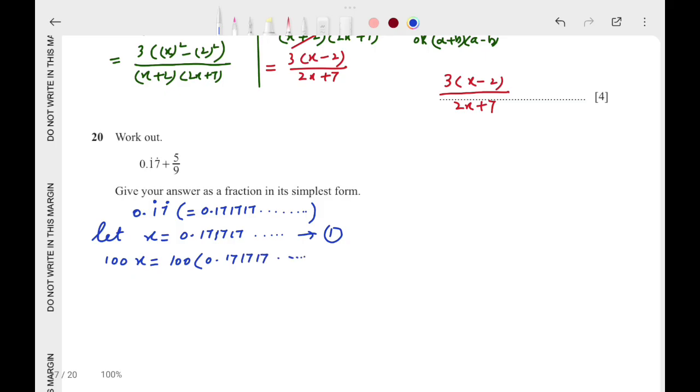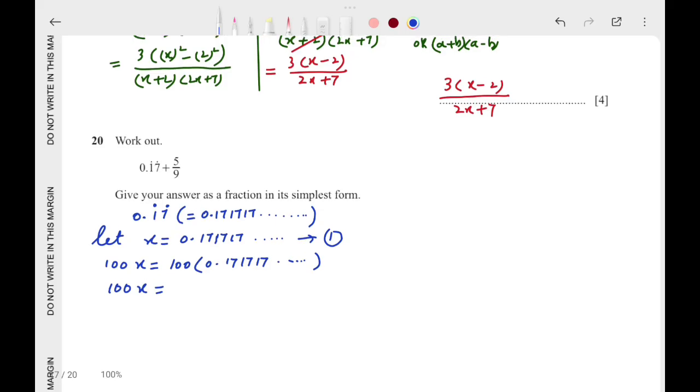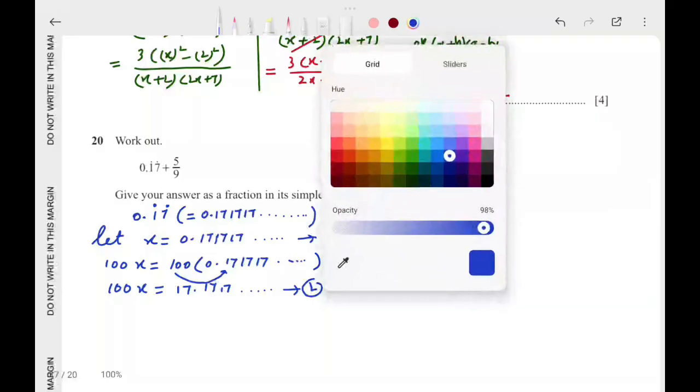So it would be 100x is equal to, when you multiply 100 by 0.1717, you get 17.1717. Say this is equation number 2. Now subtract both equations, equation number 1 and 2.